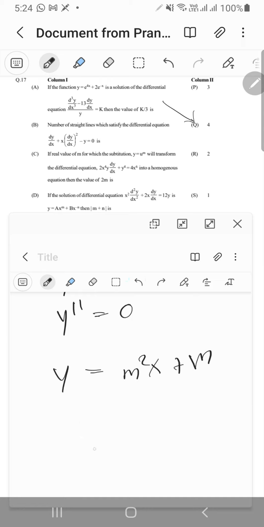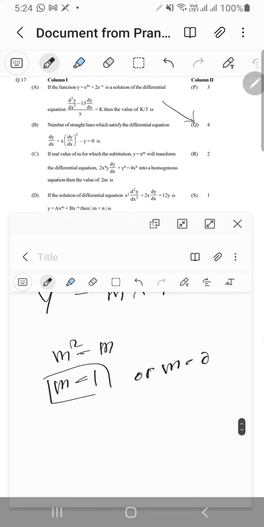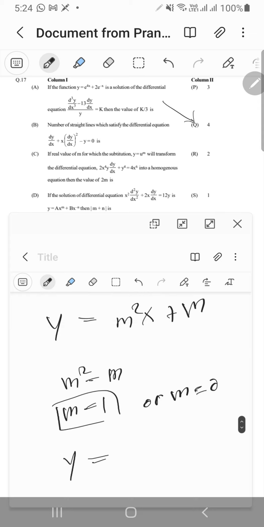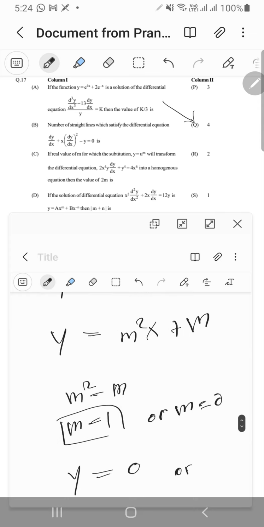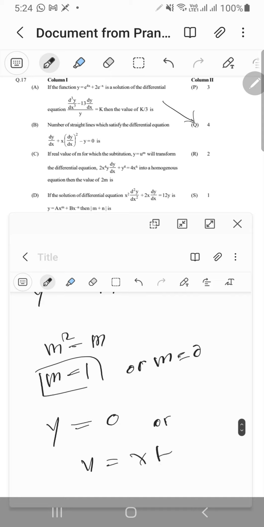Yeah, dy by dx is m, but at the same time it's also m squared. So m squared is equal to m. So m equal to 1 or m equal to 0. So you just have y equal to 0 or y equal to x plus 1. That's the only thing. So it's two lines.